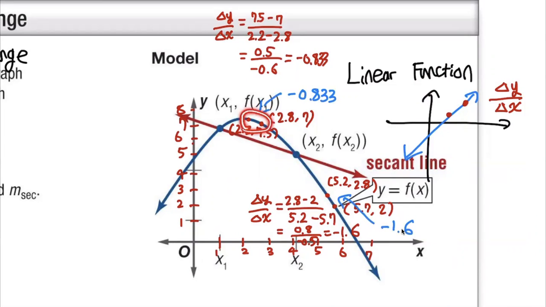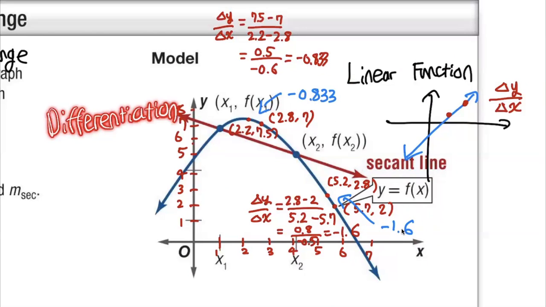Like around this point, we can have a rate of change of negative 0.833. The rate of change over here, on the other hand, can be negative 1.6. Okay? Do you understand? So unlike linear functions, we're going to use something called secant line to estimate the rate of change over a region or over a certain point. Okay? If you move on to AP Calculus, we're going to learn something called differentiation.